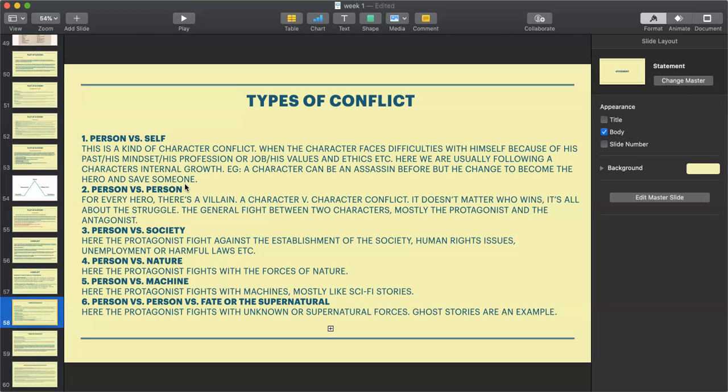Third type is person versus society. Now, if you are showing, like, unemployment, there is so much unemployment. A character who is very much educated also, but he's not getting a job. Okay, I have told you about a film, if you remember, The Pursuit of Happyness.